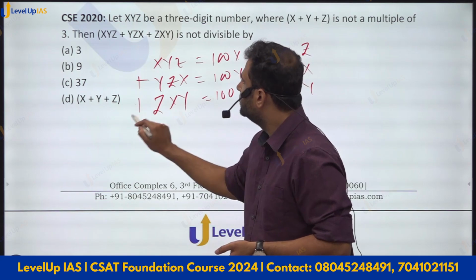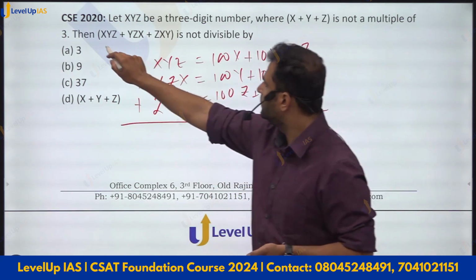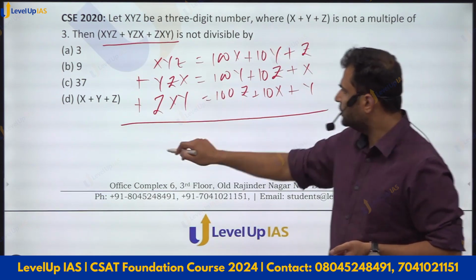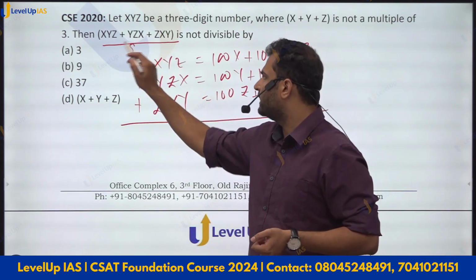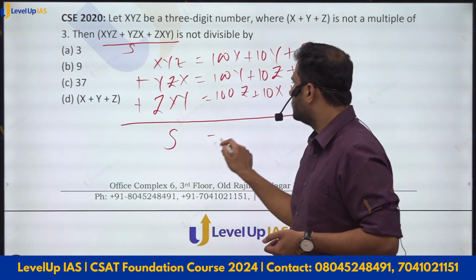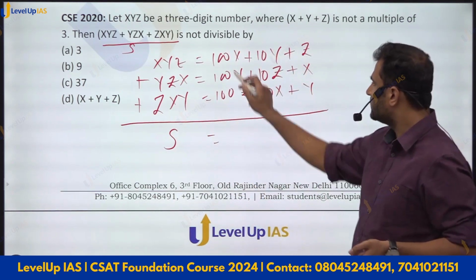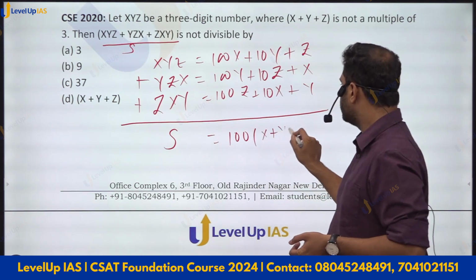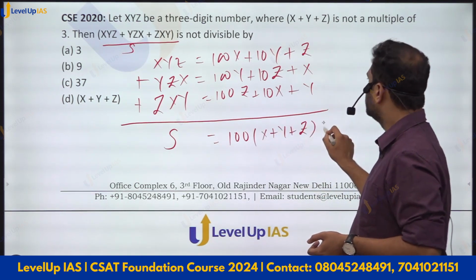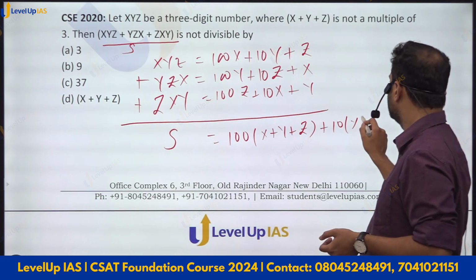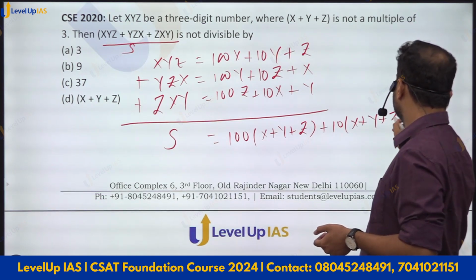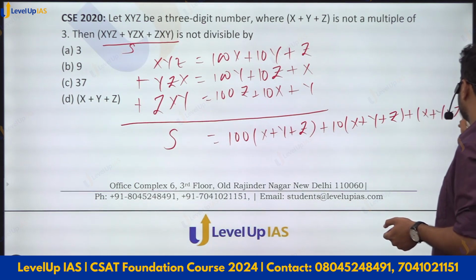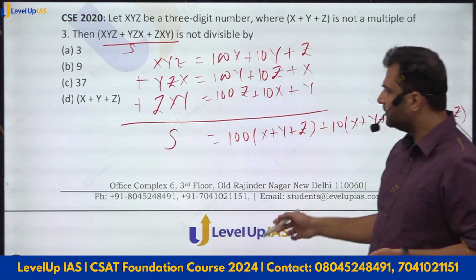And this particular quantity about which we have to comment, let us call it the sum s. So s is equal to 100 into x plus y plus z, plus 10 into x plus y plus z, plus x plus y plus z. Very easy, we are just adding.